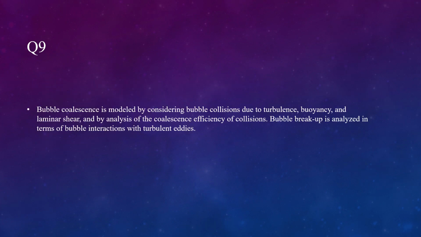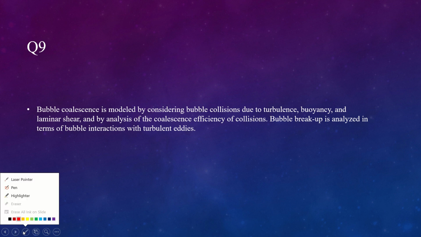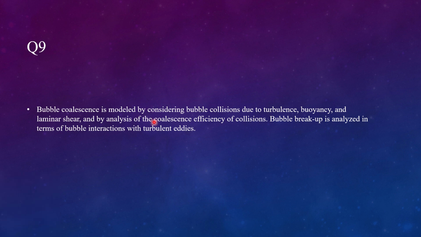shear rate. So bubble coalescence is modeled by considering bubble collisions due to turbulence, buoyancy, and laminar shear, and by analysis of the collision efficiency of the bubbles. Coalescence efficiency of collisions.